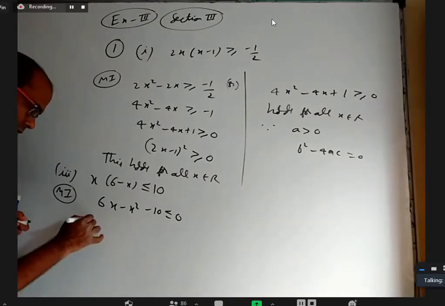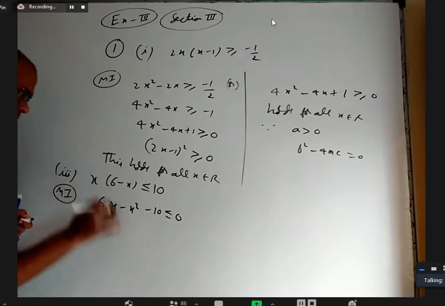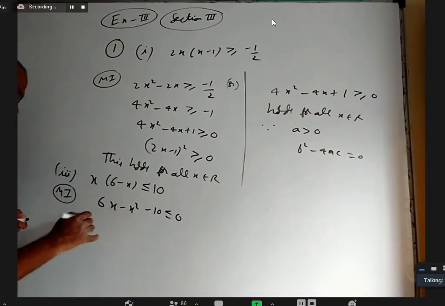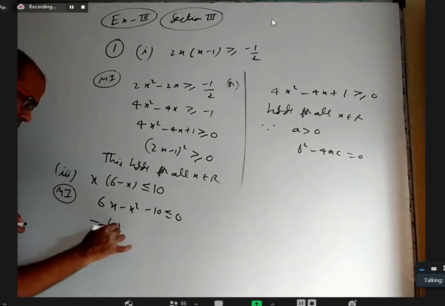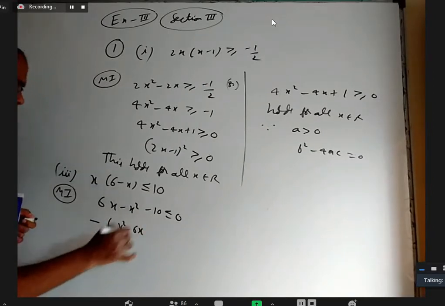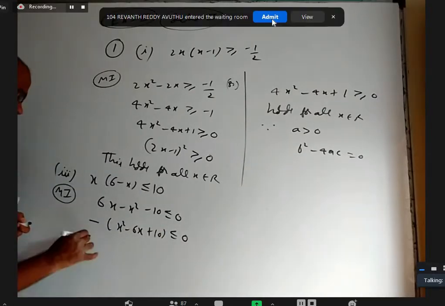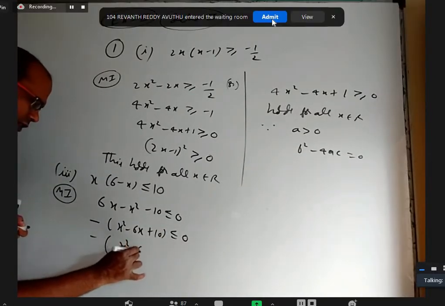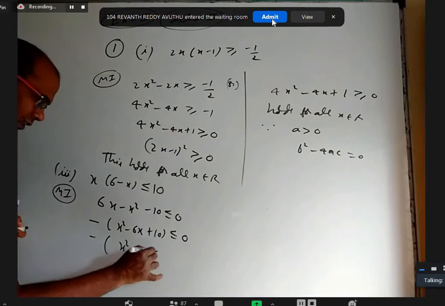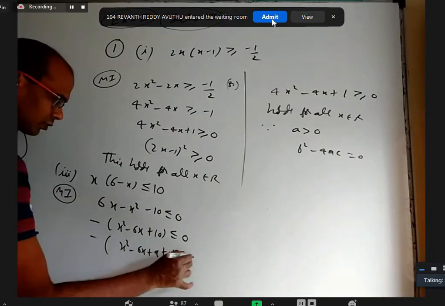So, how to do it? Two methods again. I can take minus common. It is x square minus 6x plus 10 greater than or equal to 0. This is x square minus 6x plus 9 plus 1.